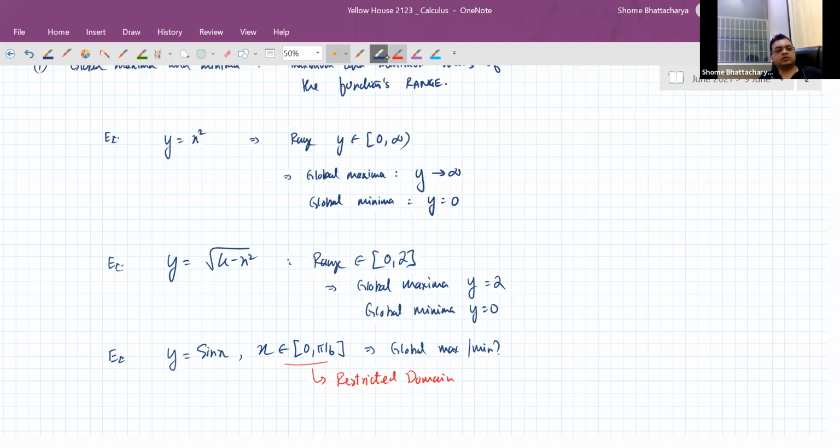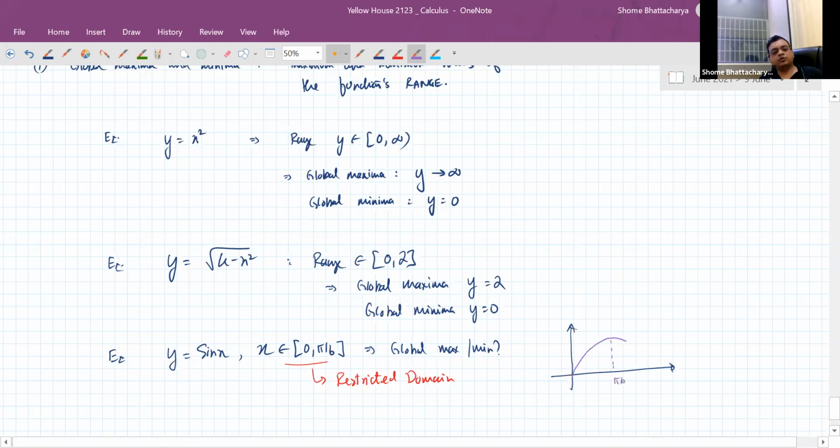And if we visualize the overall graph of the sin x function, we know that the function in general goes like this, where this point is pi by 2 and this value is 1. But here we are taking a restricted domain. We are only going between 0 and pi by 6, which is somewhere here. And at pi by 6, we know the value is half. So you can see that this is our domain now.